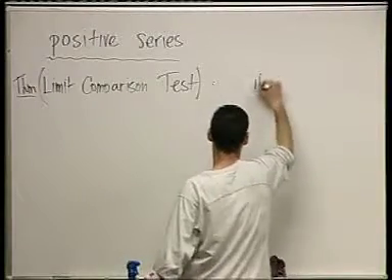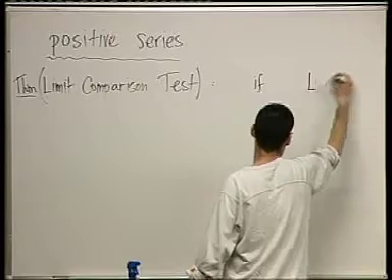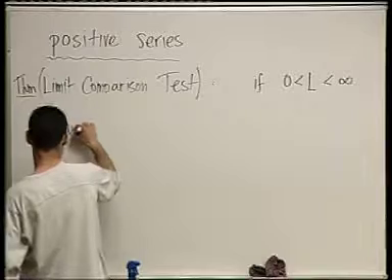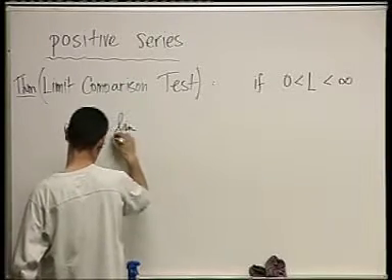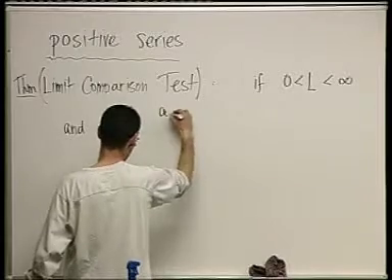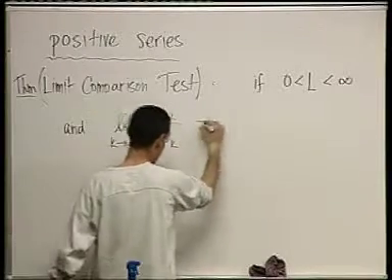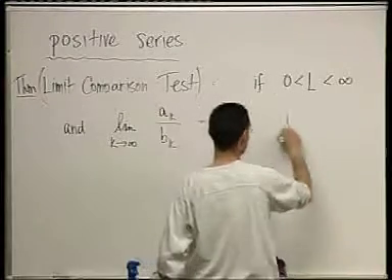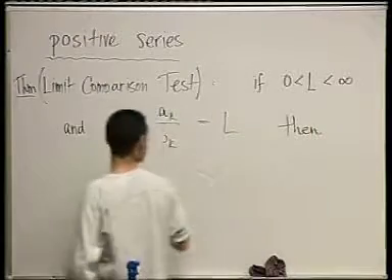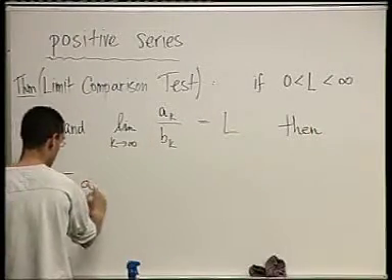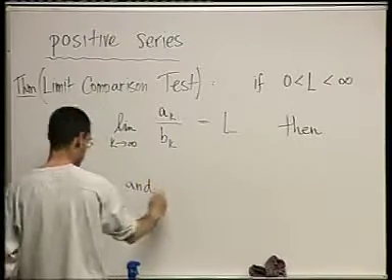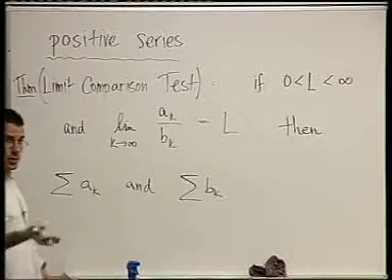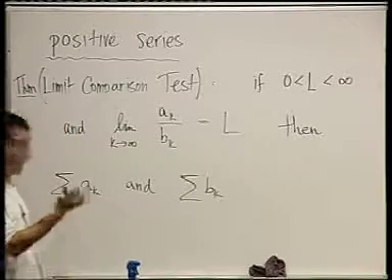So, if L is between 0 and infinity, and the limit as k goes to infinity of ak over bk equals L, then sigma ak and sigma bk diverge/converge together.